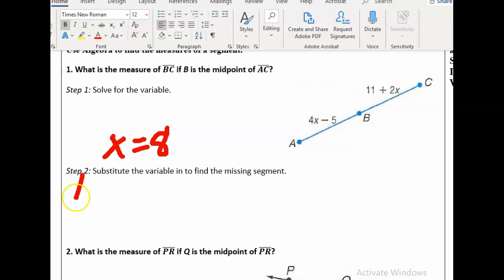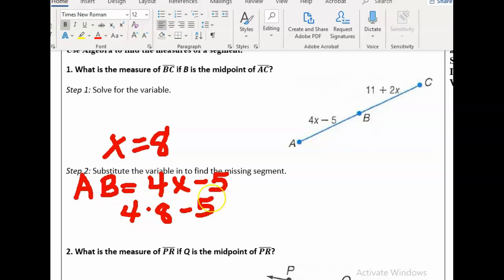So we're given that AB is represented by the expression 4x minus 5. So in place of x, we're going to put 8. So we have 4 times 8 minus 5. 4 times 8 is 32, minus 5 is 27. So therefore, the distance from A to B is 27.